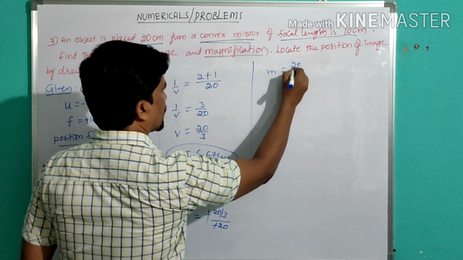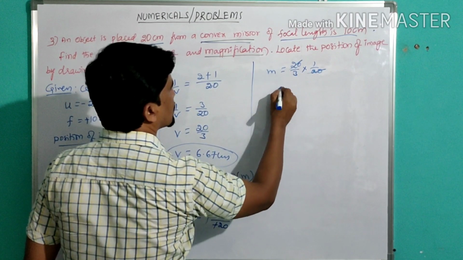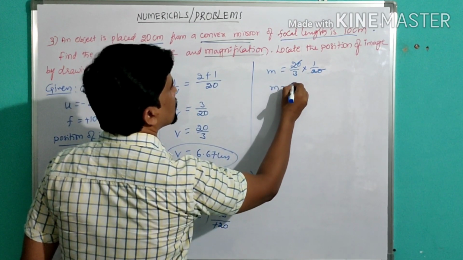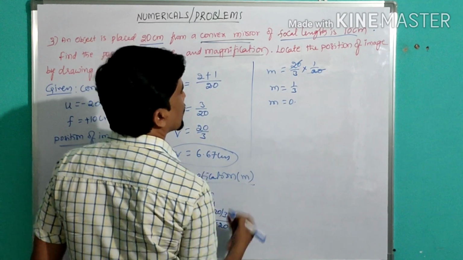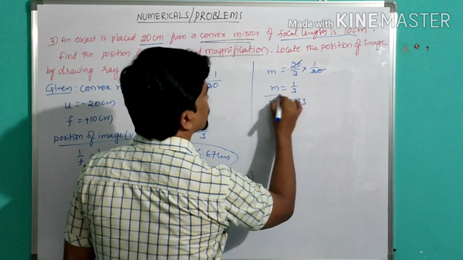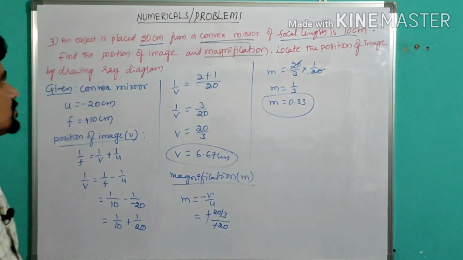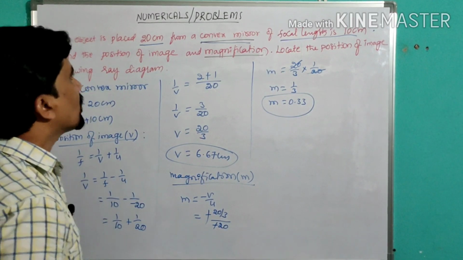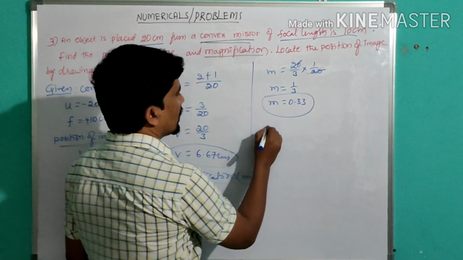M equals 20 by 3 into 1 by 20, 20 gets cancelled. Magnification is 1 by 3, that is 0.33. M equals 0.33. Now locate the position of the image by drawing a ray diagram.